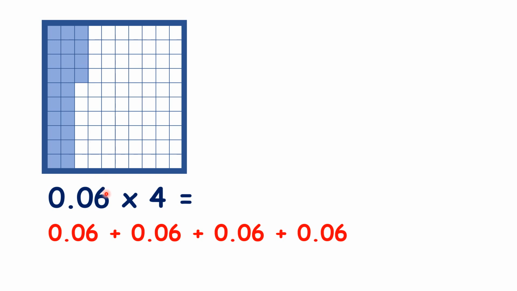So we started with 6 hundredths, and because we multiplied by 4, we now have 24 hundredths. We have 24 parts out of 100 coloured. And that's the same as having 2 tenths and 4 hundredths, so 0.24.